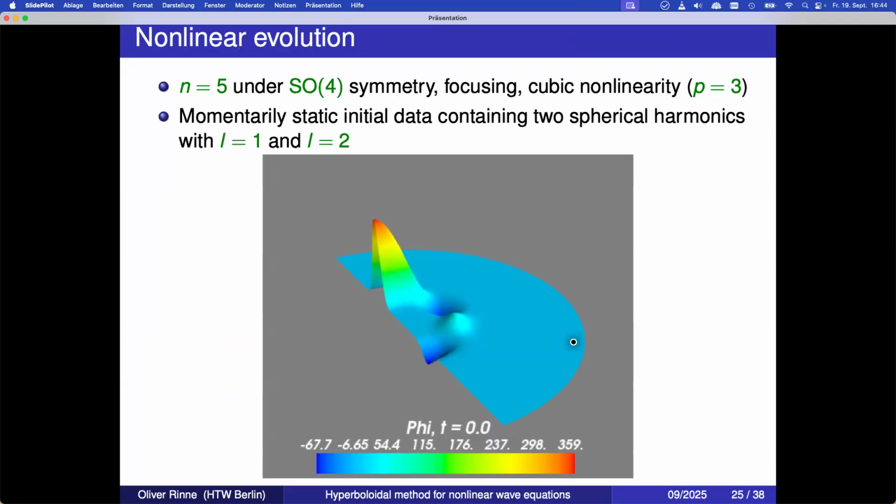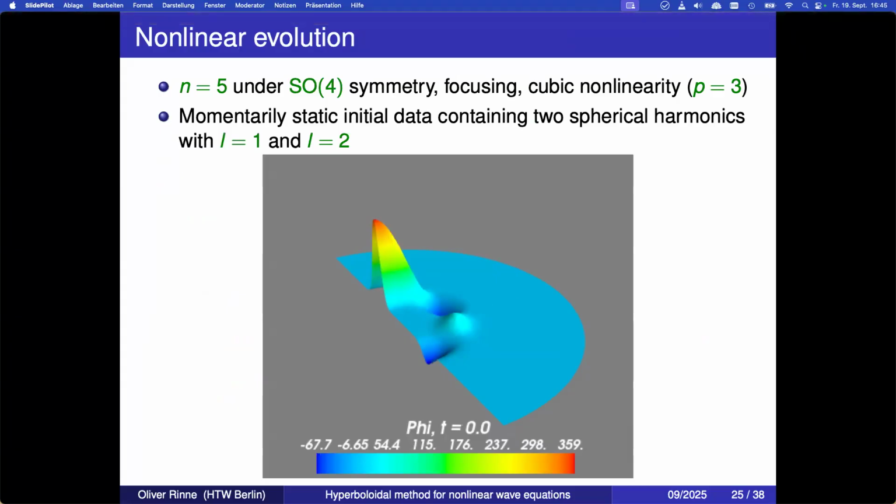Now, first of all, I want to show you a nonlinear evolution, because this is a numerical talk. I feel I need to have at least one movie to show you. So let me try to find the movie. It's always a bit difficult to play in this PDF file. I will probably have to use some external player.